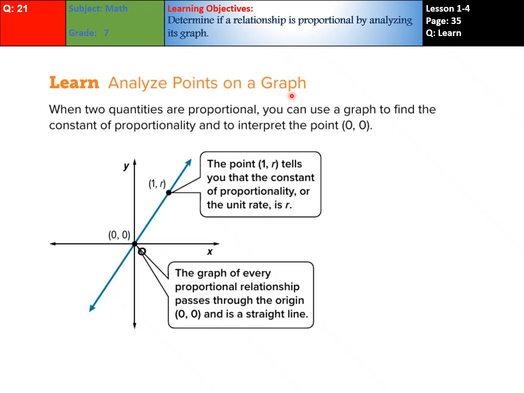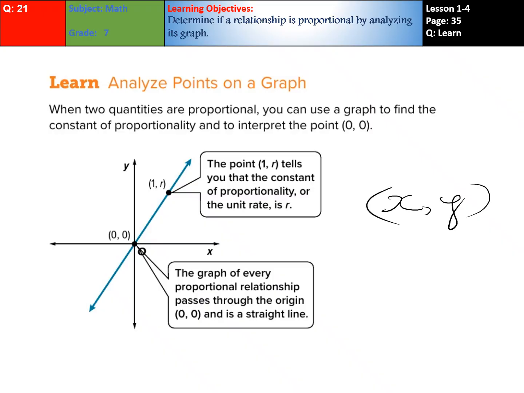Analyze points on a graph. When two quantities are proportional, you can use the graph to find the constant of proportionality and to interpret the point 0, 0. As I told you, O is the origin where x and y both are 0. The graph of every proportional relationship is a straight line and passes through the origin (0, 0). Now the point (1, r) tells you the constant of proportionality or the unit rate. We have an ordered pair x and y.